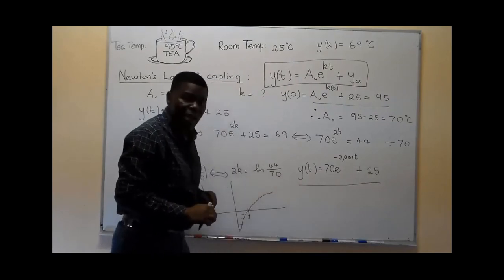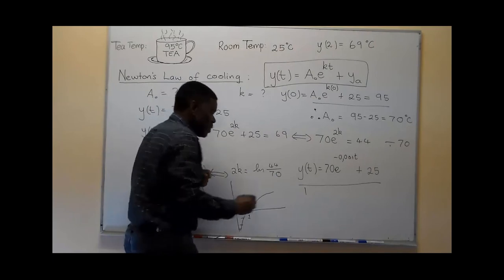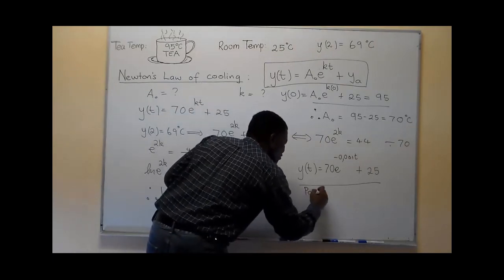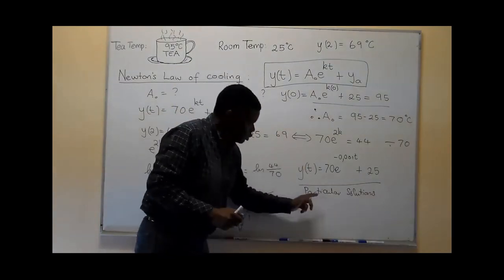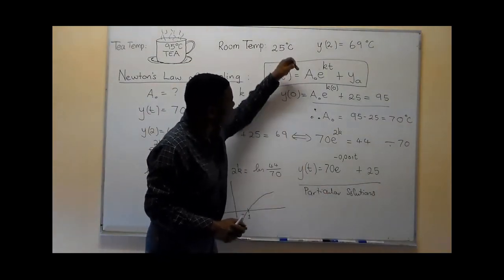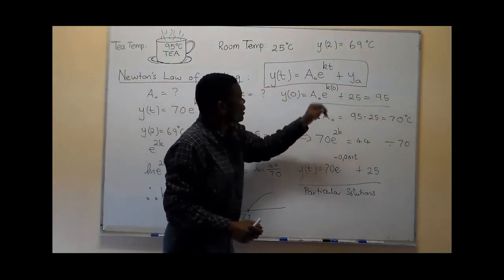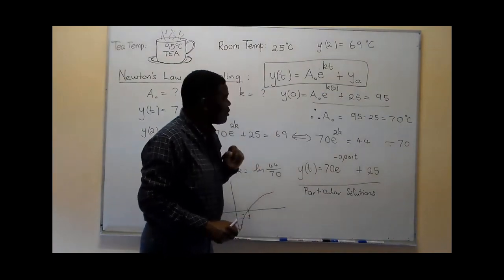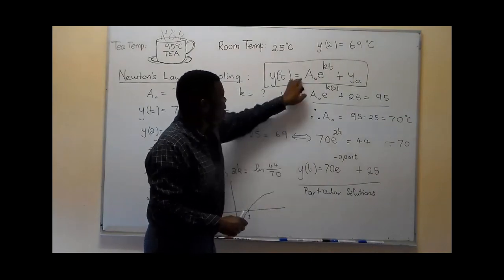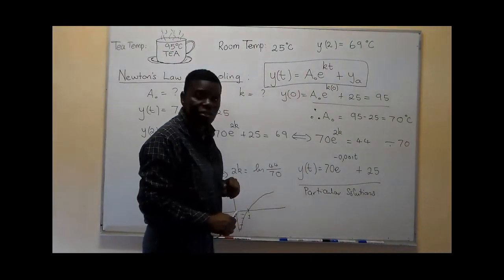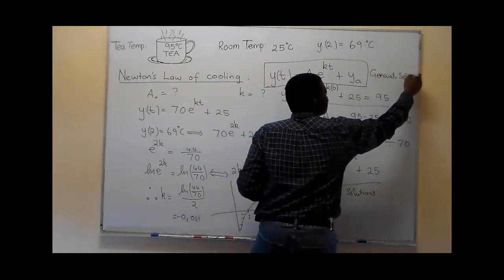Then this is called a particular solution to the differential equation. Please note that we call this a particular solution only after having determined the parameter A, since in a particular problem the ambient temperature will be given, and also determined the parameter k. And the first solution we had there we call a general solution.